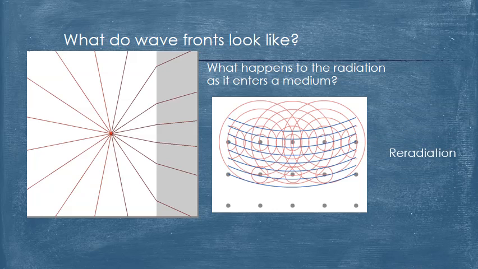The other thing is you definitely see the blue wave fronts. That's the initial radiation that hit it, and then each individual charge is re-radiating its energy, and you notice that it re-radiates in 360 degrees around it. So the incoming radiation is going to have to give up some of its energy to cause the other charges to radiate, and they will radiate in all directions.